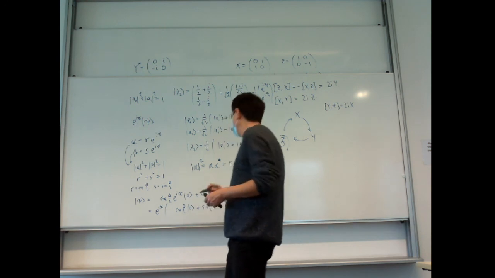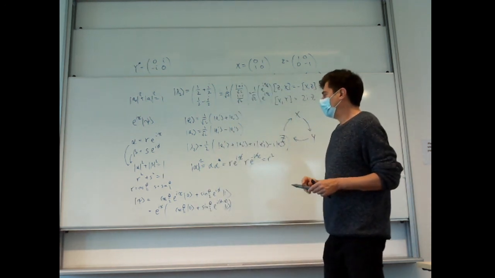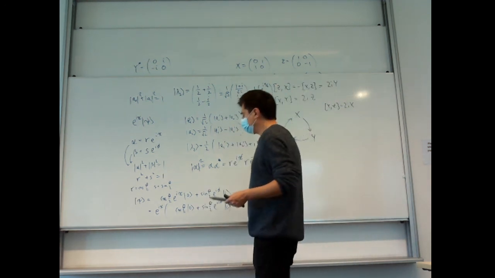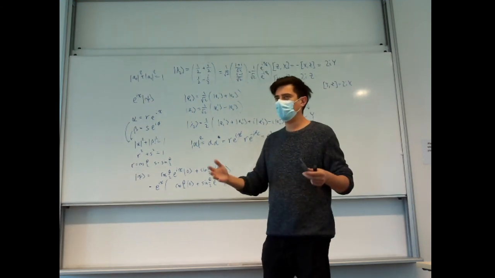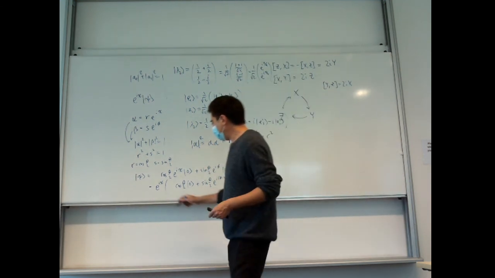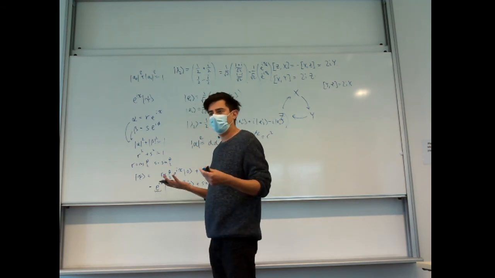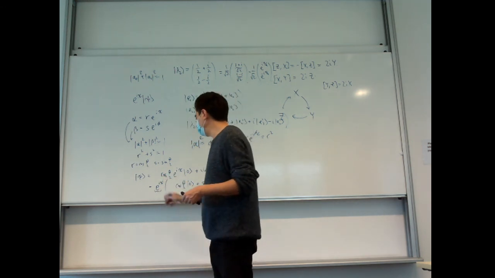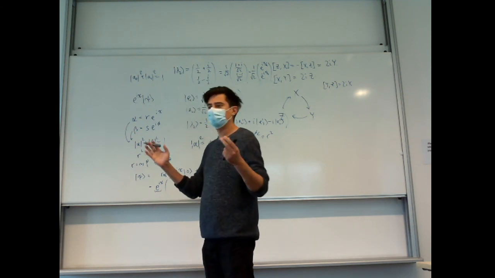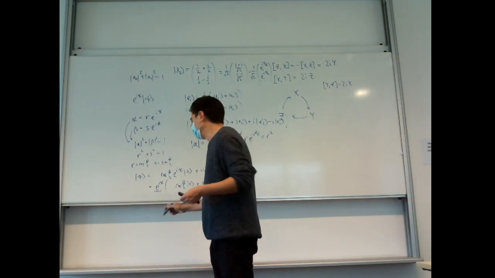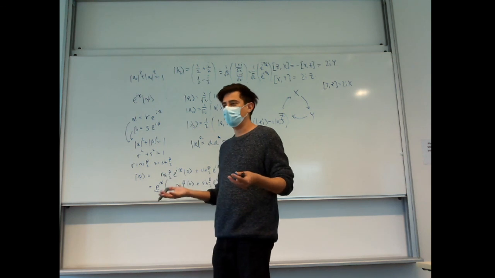It's not obvious at this point, but this is a global phase factor which never does anything, so I'm just going to throw it away because it never does anything physical.